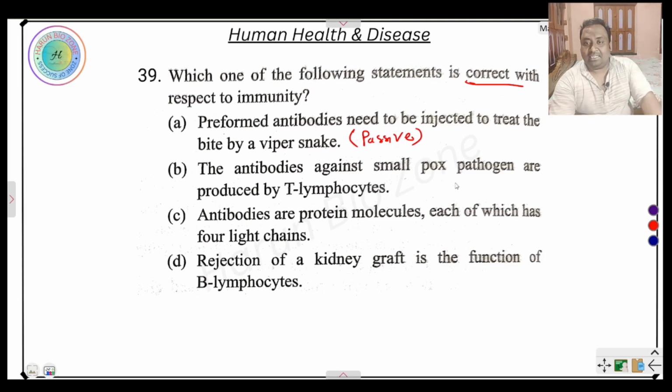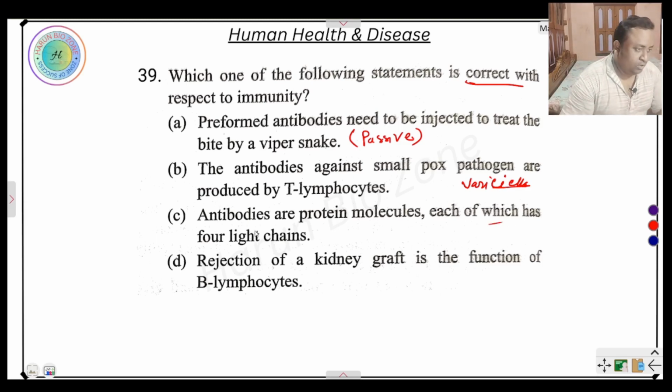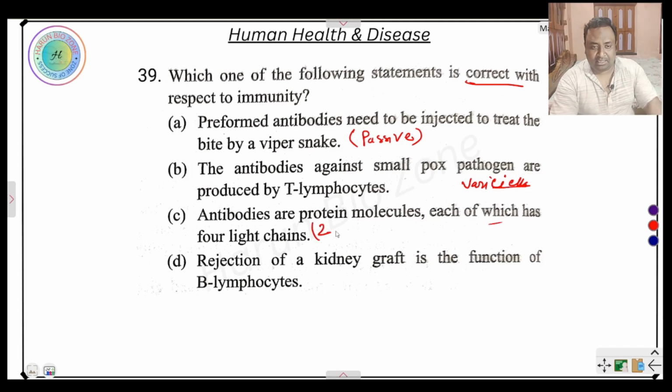The antibodies against smallpox pathogen are produced by T lymphocytes, not. The antibodies are protein molecules, each of which has 4 light chains. There are only 2 light chains.